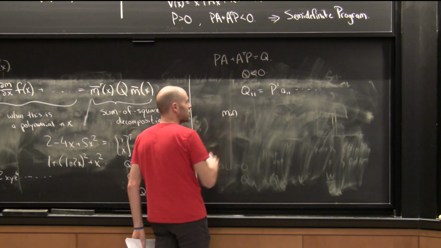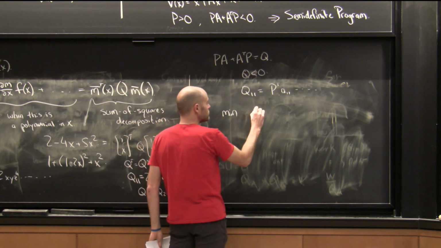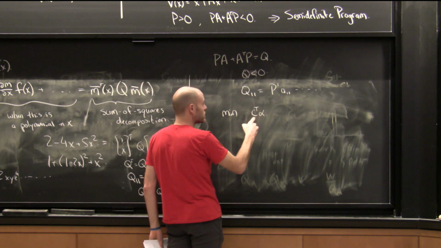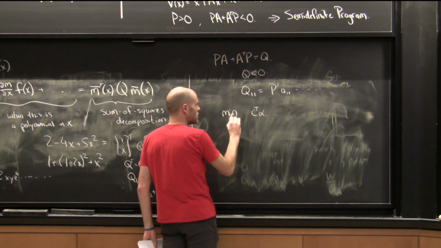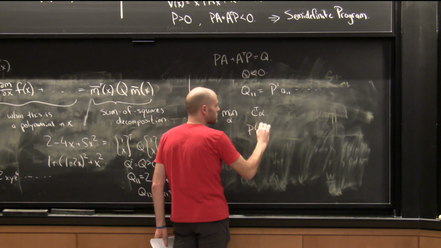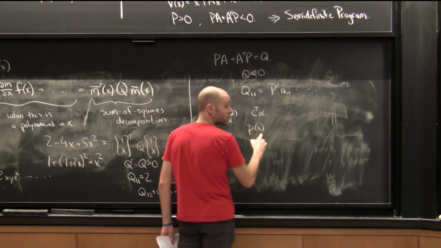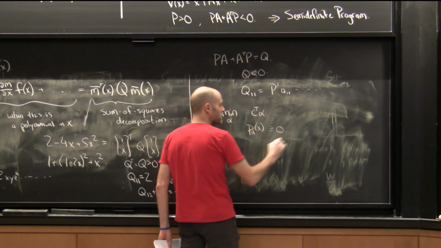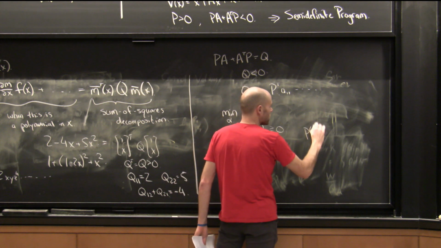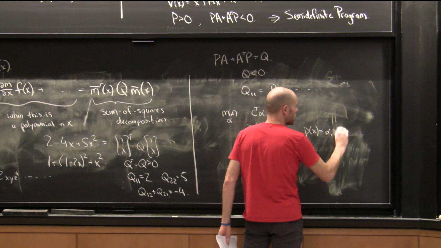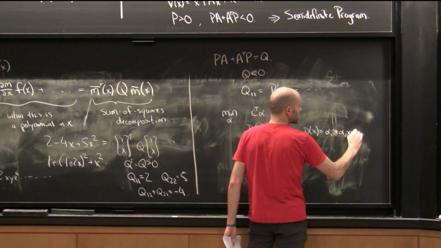minimize, for instance, some linear objective over alpha of p of x under the condition that p of x is greater than or equal to 0, where p of x is alpha 1 plus alpha 2 x.